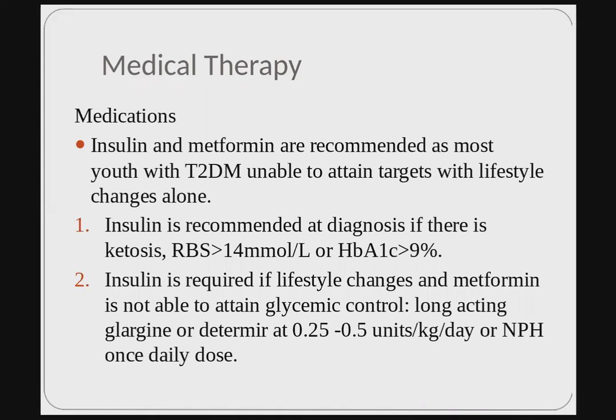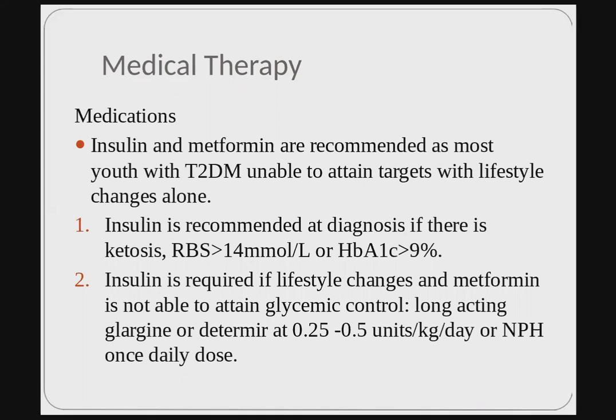Metformin, which is a biguanide, helps to reduce hepatic glucose production, with lesser effects on reduction of intestinal glucose absorption and improvement in glucose uptake and use. It does not improve insulin sensitivity, but it is the first-line oral hypoglycemic in youth with type 2 diabetes mellitus. It helps improve glycemia without promoting weight gain or hypoglycemia.